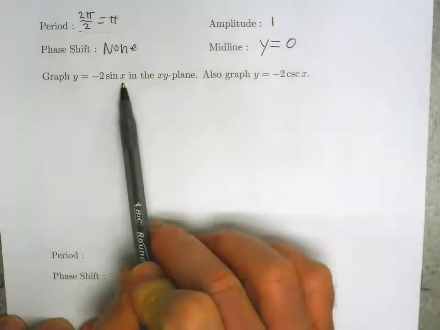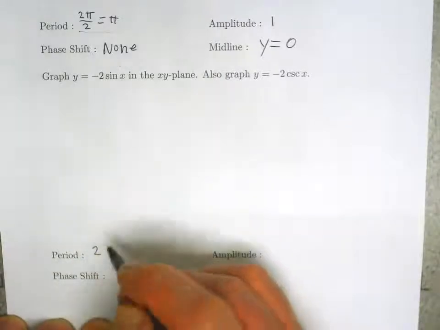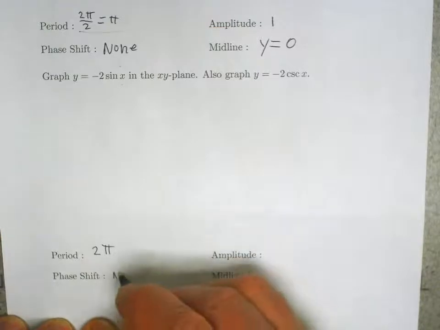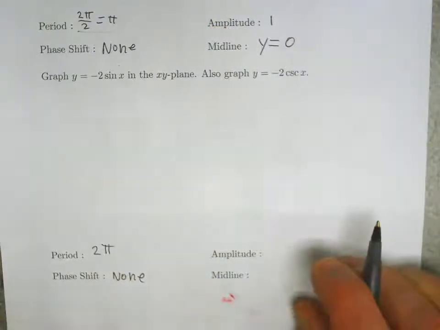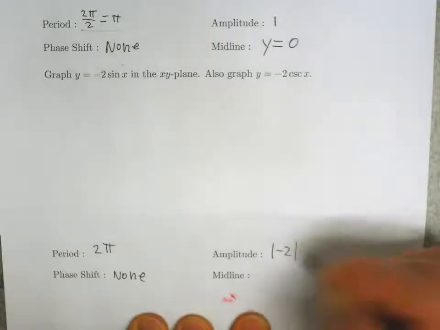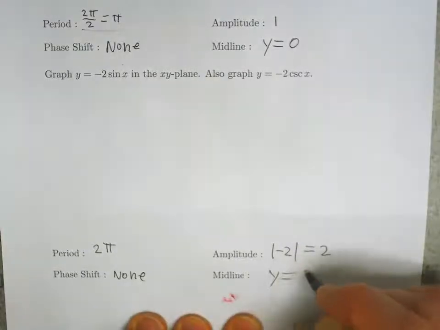Well, the period is 2 pi. 2 pi divided by 1 is 2 pi. There is no phase shift on this one. The amplitude is the absolute value of negative 2, which is 2. And the midline is y equals 0 again.